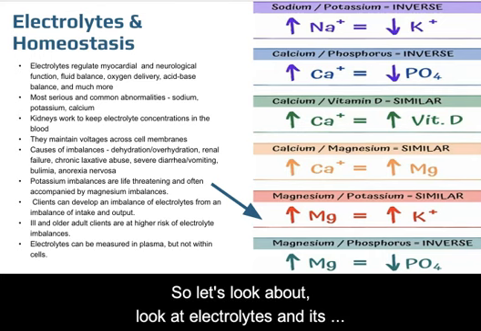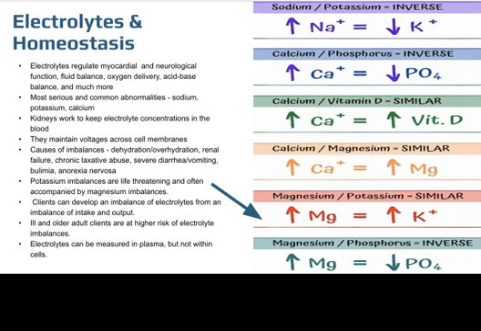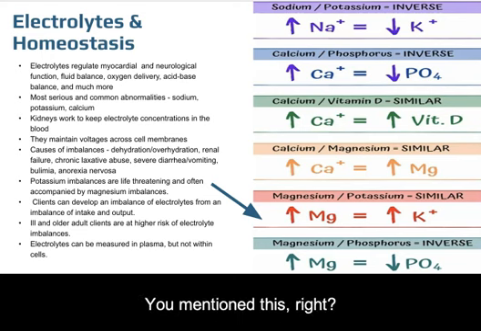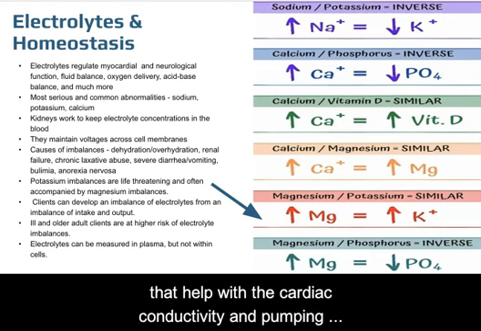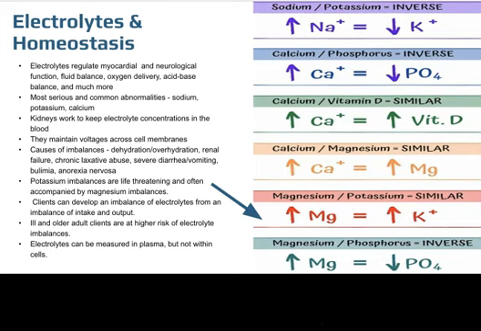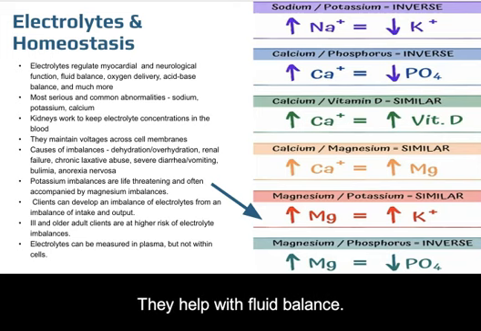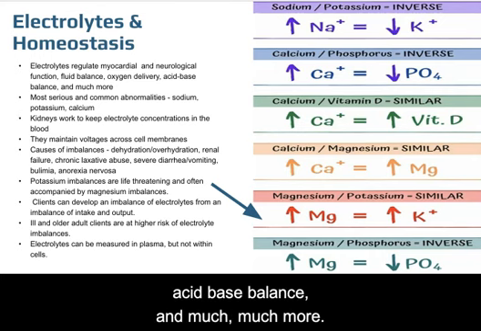So let's look at electrolytes and their relation to homeostasis. Electrolytes regulate myocardial and neurological function. We mentioned this, right? There are certain ions that help with the cardiac conductivity and pumping action, and also neurological function. They help with fluid balance, oxygen delivery, acid-base balance, and much, much more.